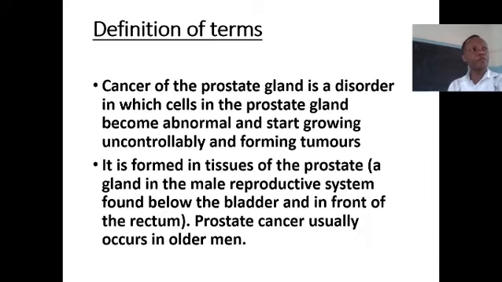By definition, cancer of the prostate gland is a disorder in which the cells in the prostate gland become abnormal and start growing uncontrollably, forming tumors. It is formed in tissue of the prostate.